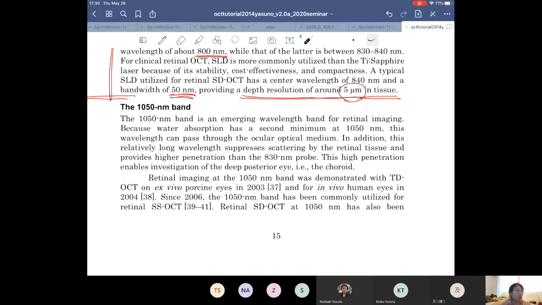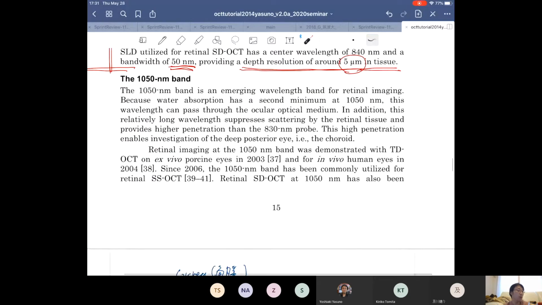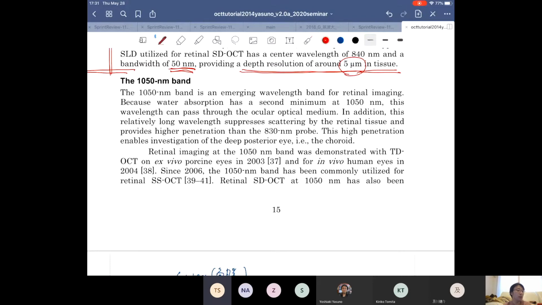The first point is that because of the water absorption minimum, 1050 light can still reach the retina, scatter back from the retina and be detected. And the second point is that within the retina or the eye tissue, the light can penetrate deeper than that of 830. Okay, let me explain the details of this.